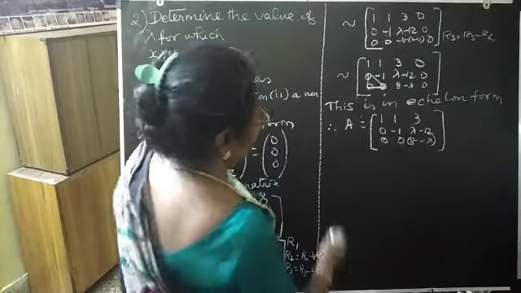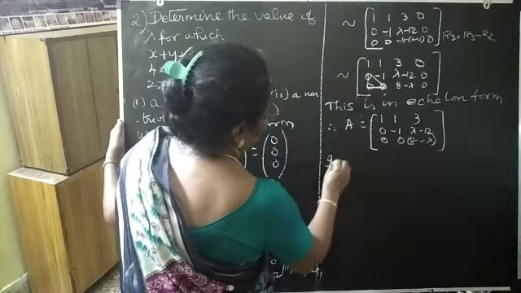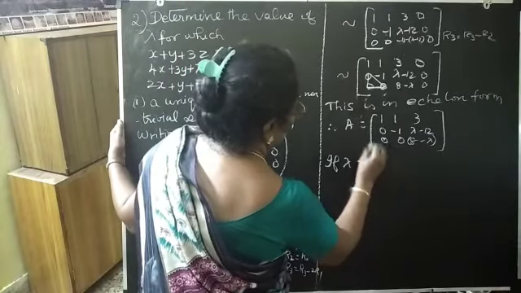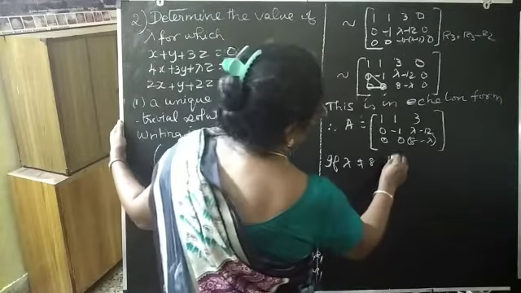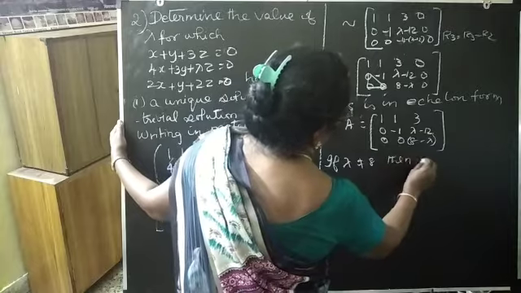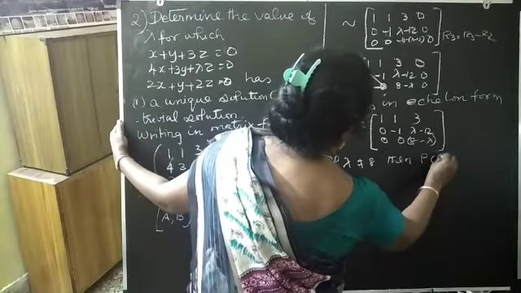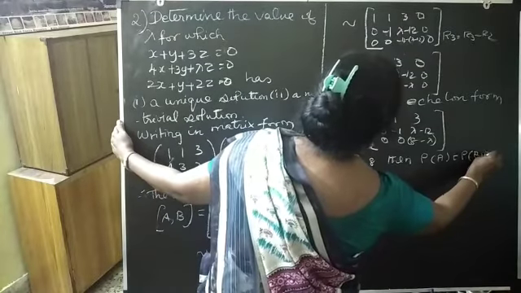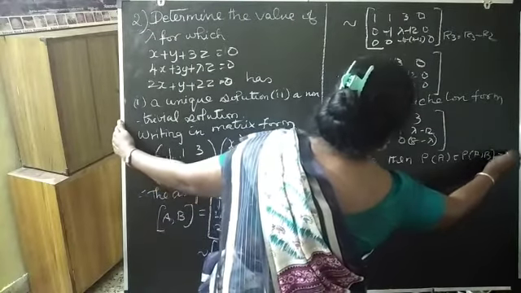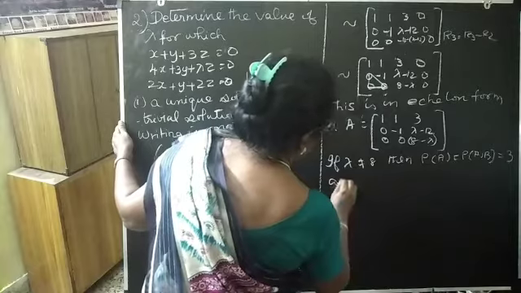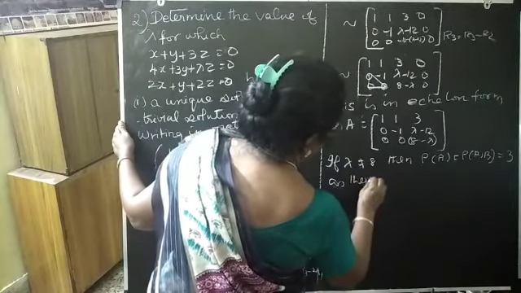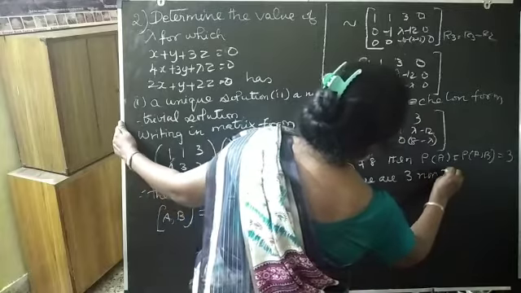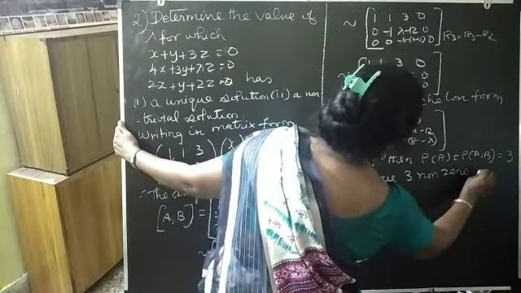If lambda is not equal to 8, then we are going to have rank of A is equal to rank of AB is equal to 3, as there are 3 non-zero rows.